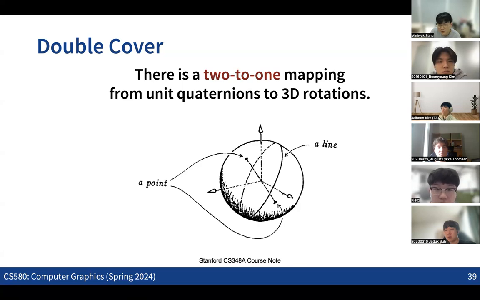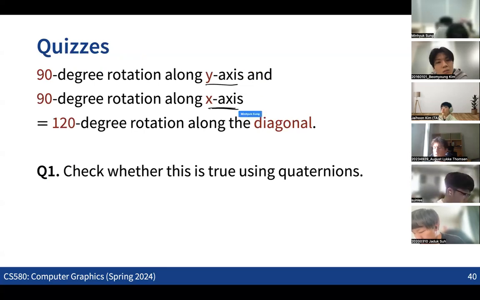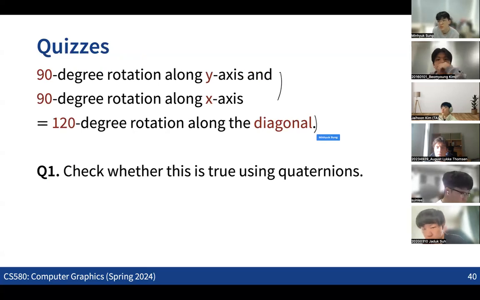So if there is no question, then let me ask one and see whether you have some understanding of this. In the previous slide, we saw that the rotation about the y-axis by 90 degrees, followed by the rotation about the x-axis by 90 degrees, becomes the same as the rotation about the diagonal axis by 120 degrees, right? Can we check whether these two are actually the same using quaternions?